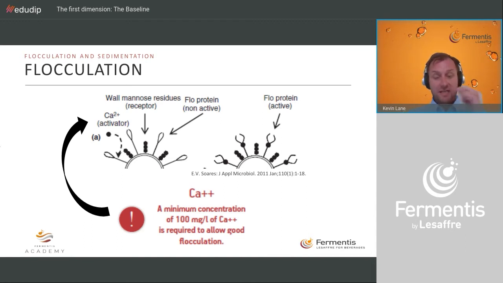In terms of what we say from Fermentis, a minimum concentration of 100 milligrams per liter of calcium ions is required to allow for good flocculation. And it's difficult, because that's what we know causes good flocculation, but it isn't as easy as saying that you start with X amount of calcium ions.